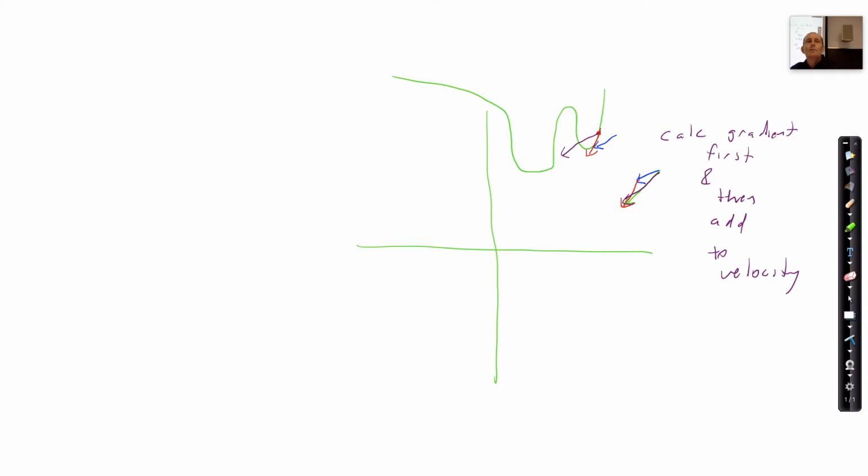And the Nesterov momentum says calculate the gradient after you move by the current velocity.